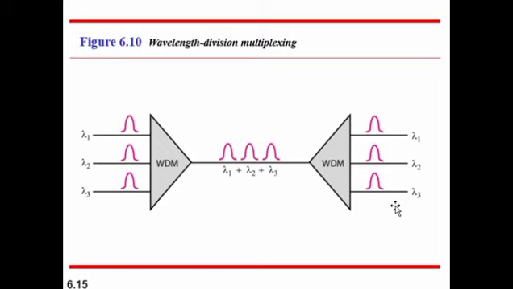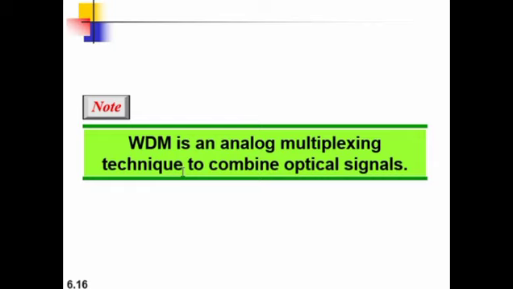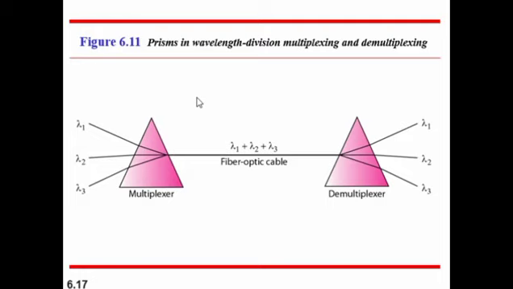WDM is an analog multiplexing technique to combine optical signals, right? So wavelength division multiplexing is basically dealing with optical signals. Here is another example where we have some prisms, and in between the link is a fiber optic cable, the channels of the fiber optic cable. On the one side you see the multiplexer, on the other side you can see the demultiplexer.